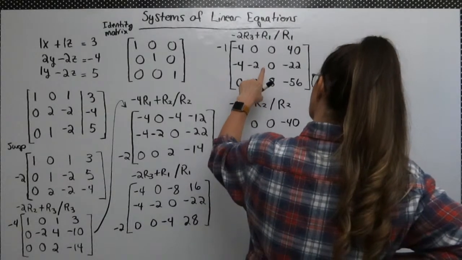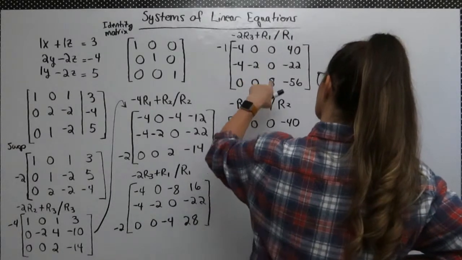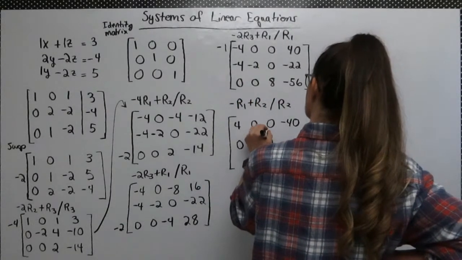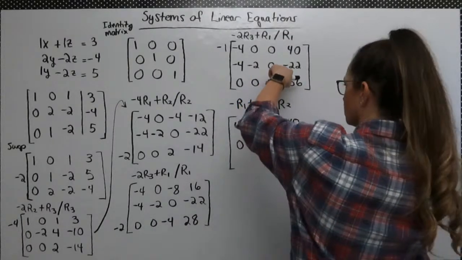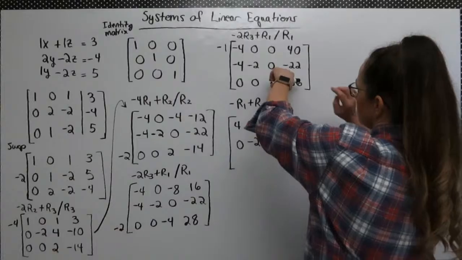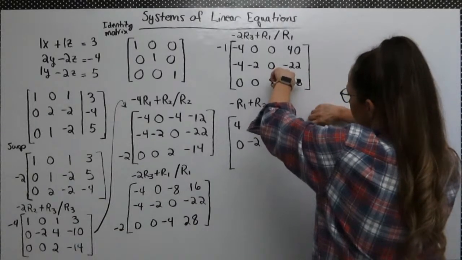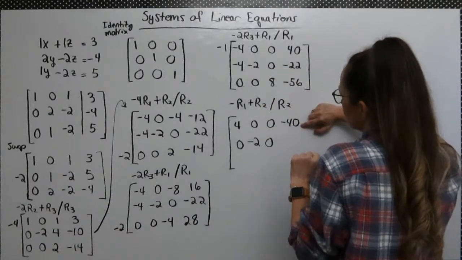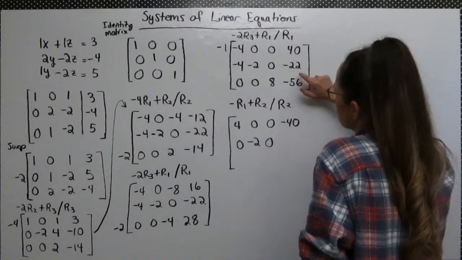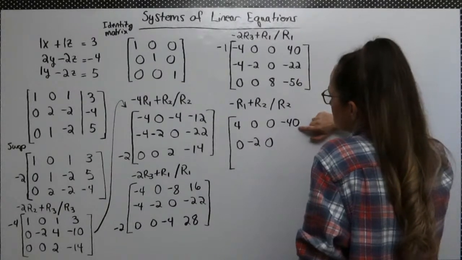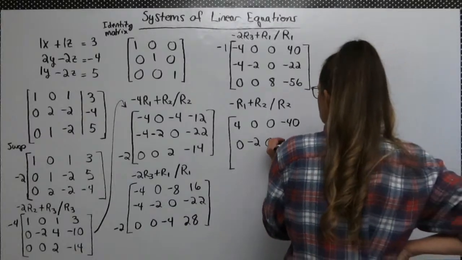We have 0 plus 0 is 0. And we have -22 and -40. Okay, I think that's correct. That's going to be -62.